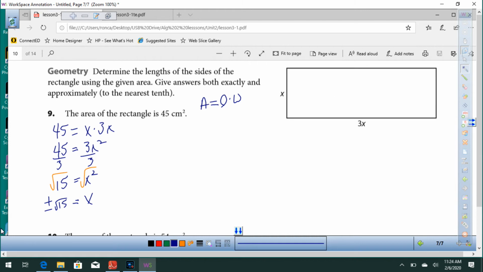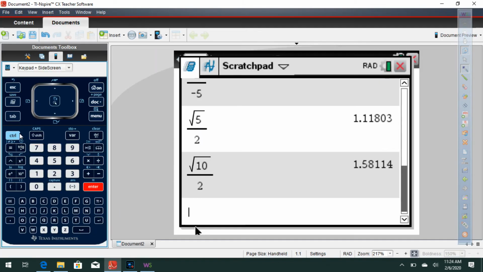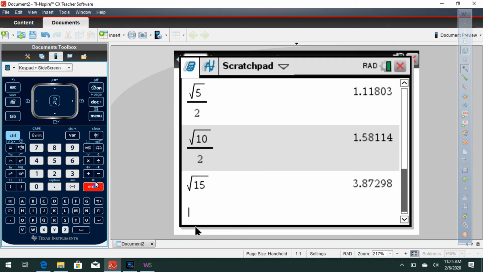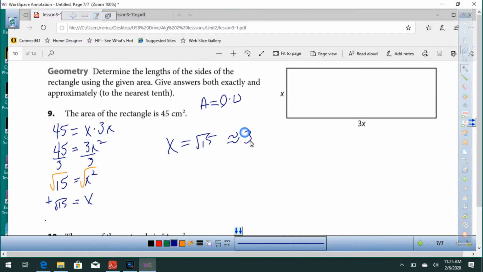So we'll get rid of the negative. So our answer is x equals the square root of 15, which is approximately, what's the square root of 15? 3.87.